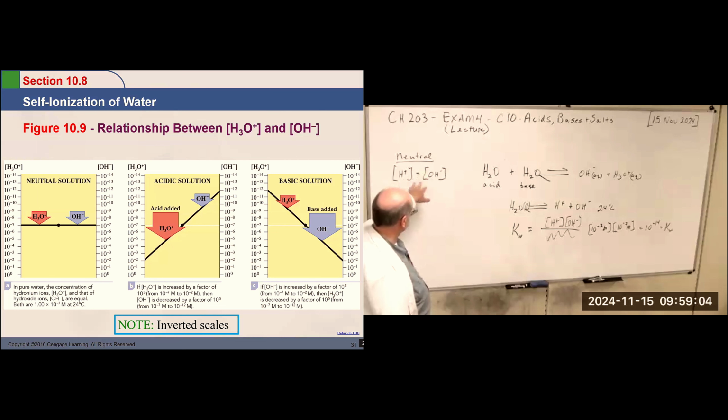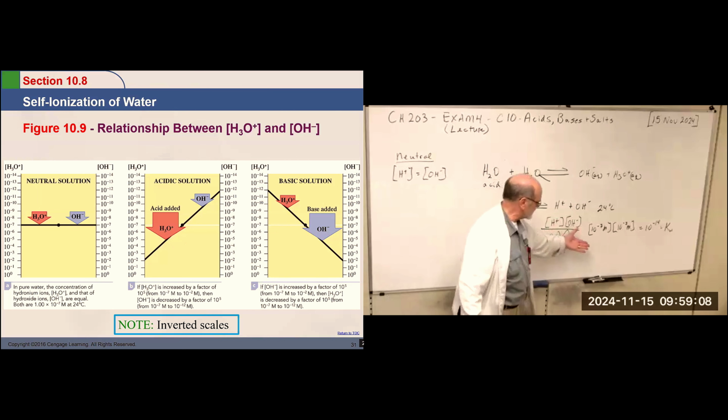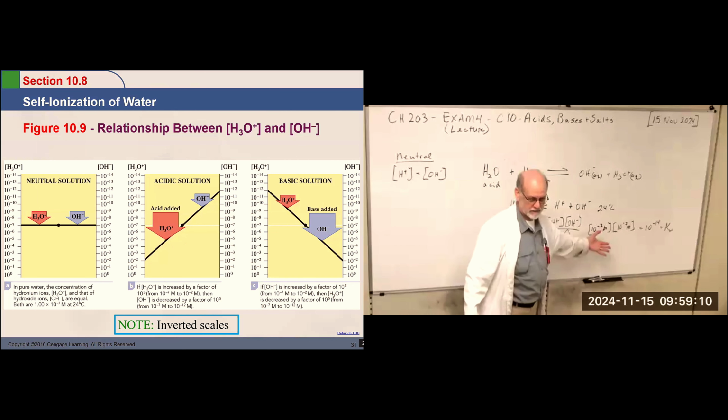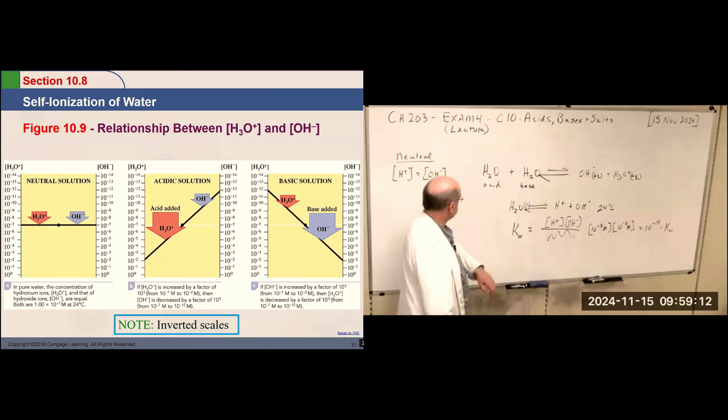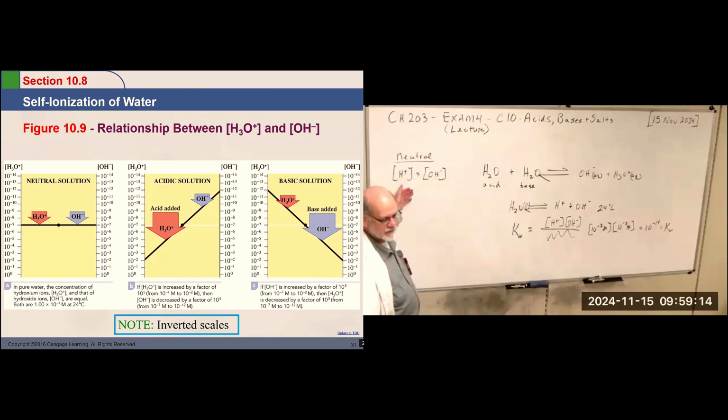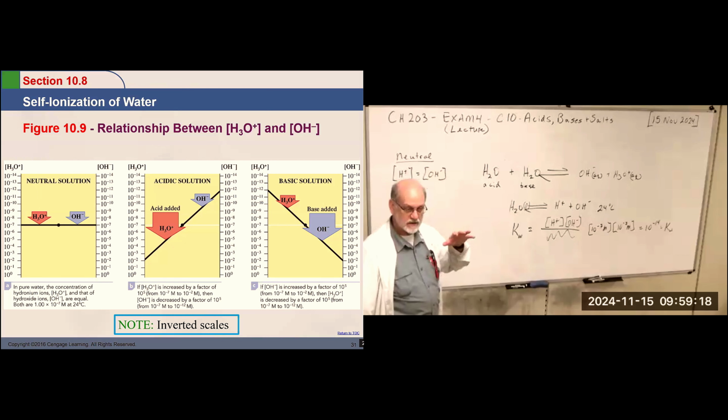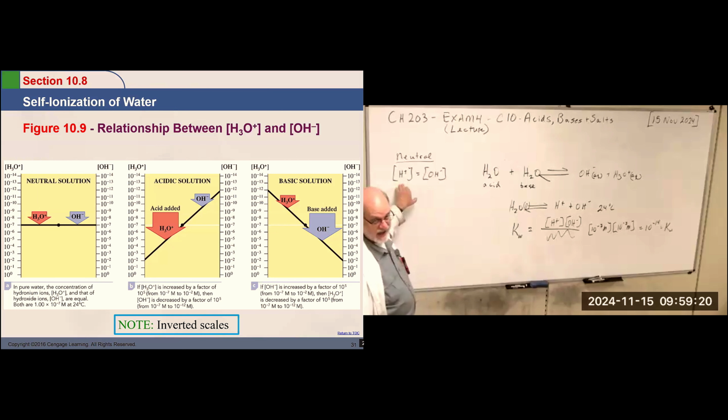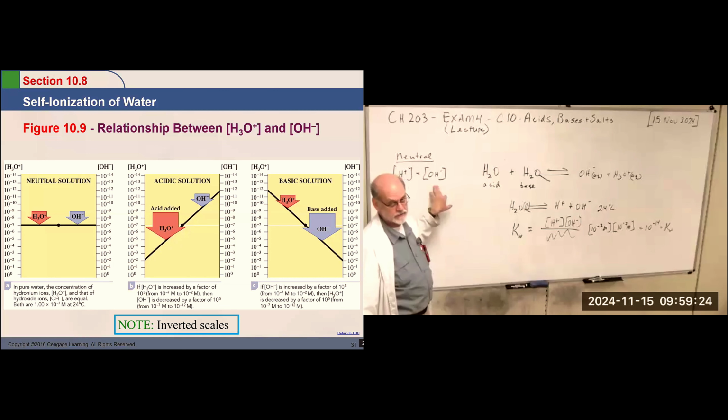And it doesn't matter what the concentrations are as long as they're equal. If it's pure water, of course, they're going to be 10 to the minus 7 molar. But if it's some other type of solution where you have, say, an acid-base reaction, this may be a higher value, like 10 to the minus 3. Well, that would have to be 10 to the minus 3 also.